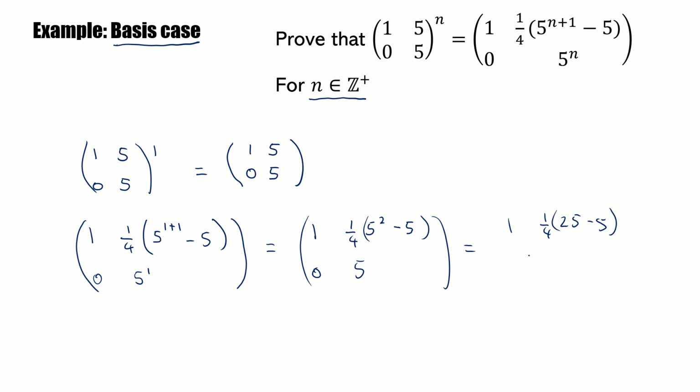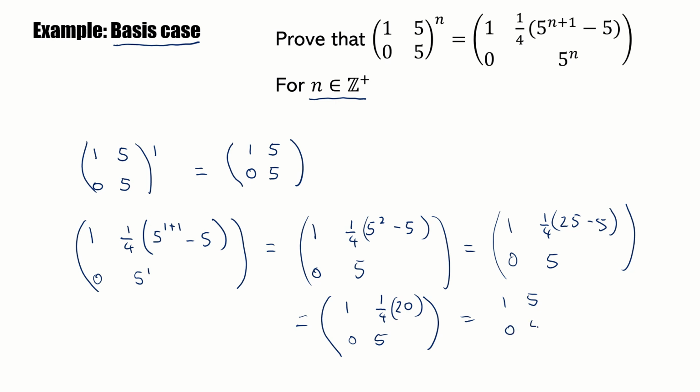This is probably excessive. You could do a little bit less than what I'm doing here, but it doesn't hurt. If in doubt, write stuff out for a proof. But you can see that if I follow this through, we do end up with exactly what we wanted. So we've proven that this statement is true for n equals 1.